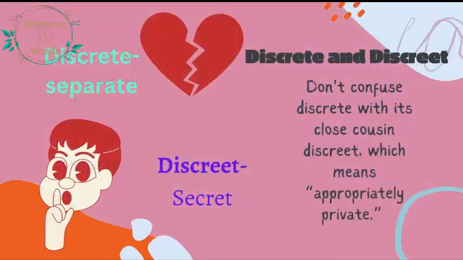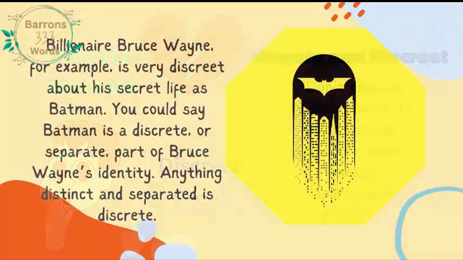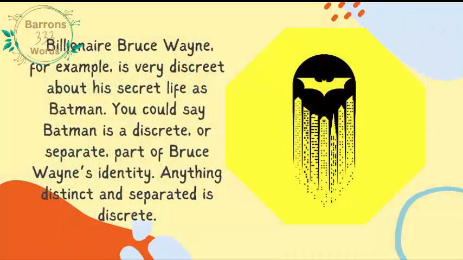Don't confuse discrete with its close cousin discreet, which means appropriately private. Billionaire Bruce Wayne, for example, is very discreet about his secret life as Batman. You could say Batman is a discrete, or separate, part of Bruce Wayne's identity. Anything distinct and separated is discrete.